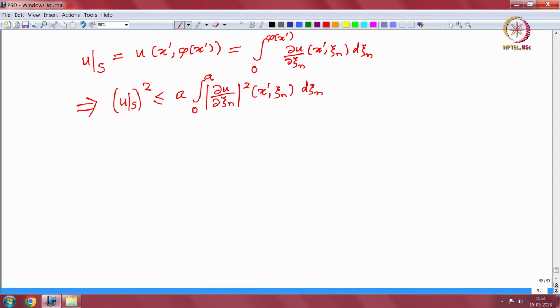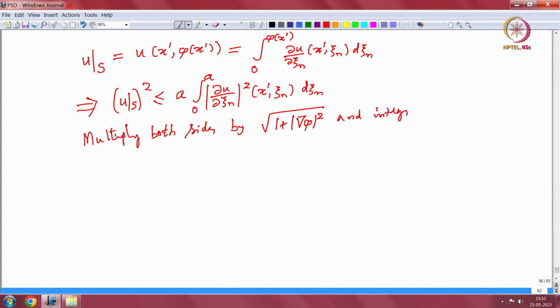Okay. So, now multiply both sides by that factor, in order to get the surface measure. So, 1 plus grad phi squared, and integrate over D, the projection of S onto the hyperplane.